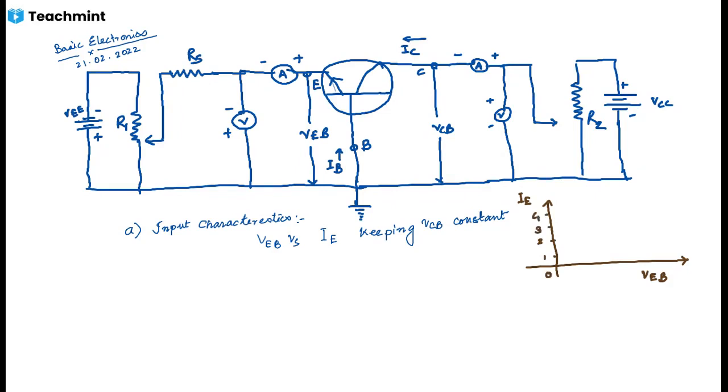Like this value are there, and this is 0.2, 0.4, 0.5, 0.6, 0.7. So VEB will be in bold.